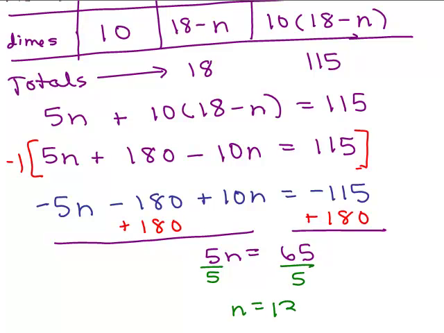So it looks like the value of n, and I used n to represent the number of nickels, so we're going to have 13 nickels, right? So we remember what n stands for. It's the number of nickels. And we had, remember, 18 coins total, so 18 minus n would be 5 dimes, right? So it looks like our answer is going to be 5 dimes and 13 nickels, but we want to make sure, so we're going to check.